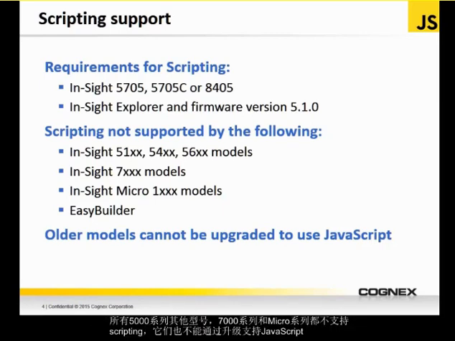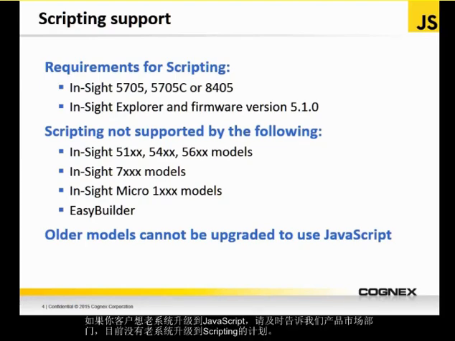The older models, 5000 series, 7000 series, or the micros will not support scripting, and in fact, they cannot be upgraded to use JavaScript. If you hear demands from customers for older systems, please let the Insight Vision Systems marketing team know. At the moment, we do not have plans to allow older systems to support scripting.